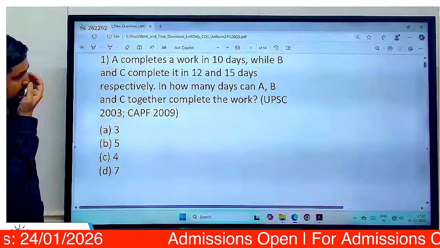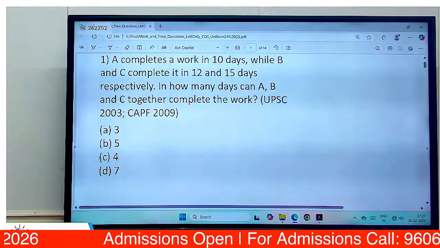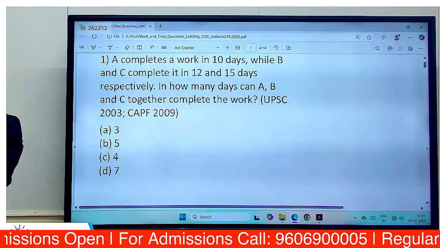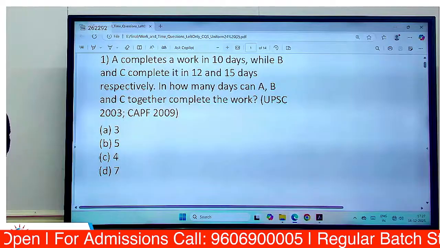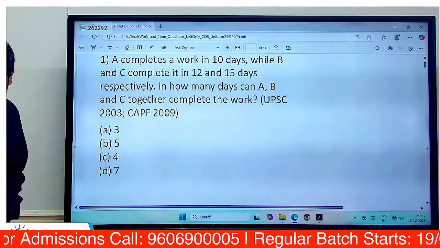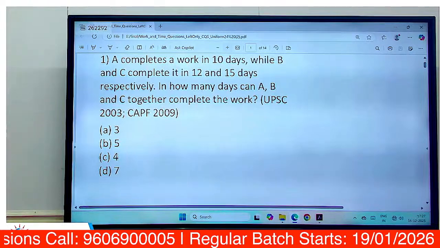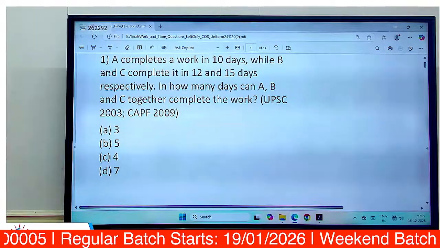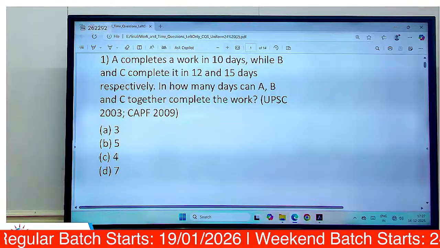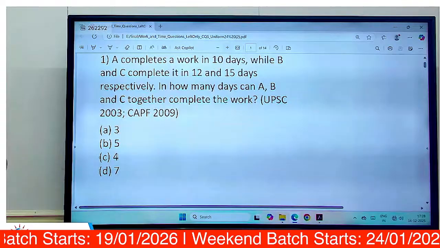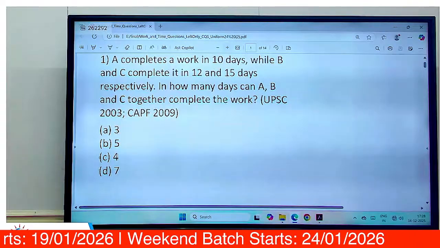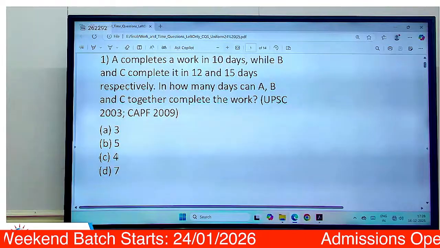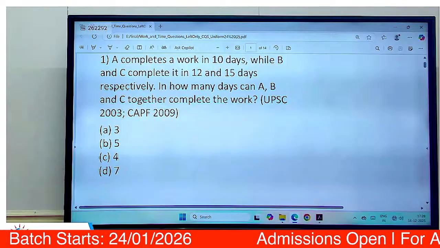Yeah, try the rules. A completes the work in 10 days, while B and C complete in 12 and 15 days.